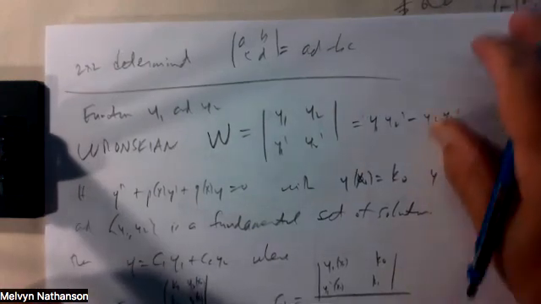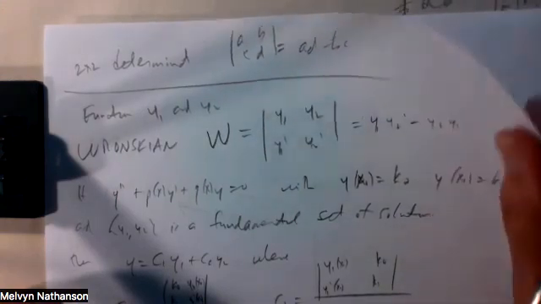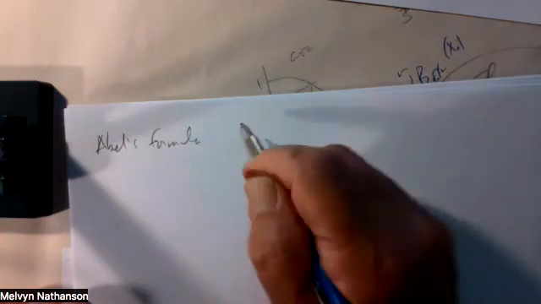There also is an expression for the Wronskian as an integral. So this is a theorem or a formula due to a mathematician named Abel. So this is Abel's formula.